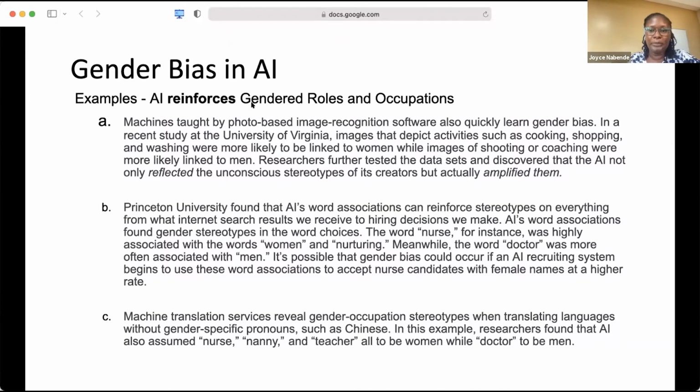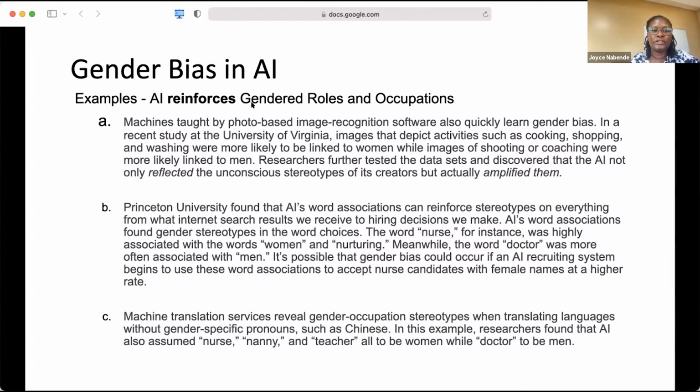Okay, another example, I think this is similar to the NLP system for translation. Princeton University found that AI's word associations, usually called word embeddings, reinforce stereotypes on everything from what the internet searches. And this was something that they were using for hiring.